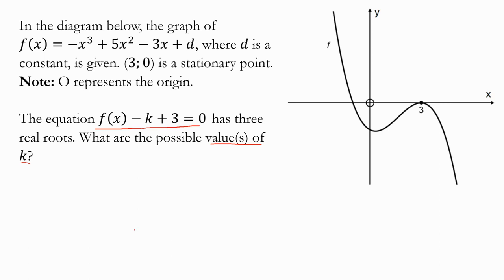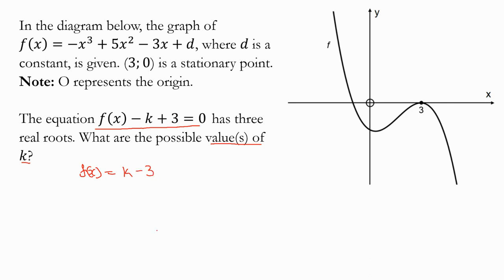So what do we do here? We have to isolate our function, our f of x. We must have this equation in the form f of x is equal to. So now we have f of x is equal to, transpose negative k becomes positive k, transpose positive 3 becomes negative 3.